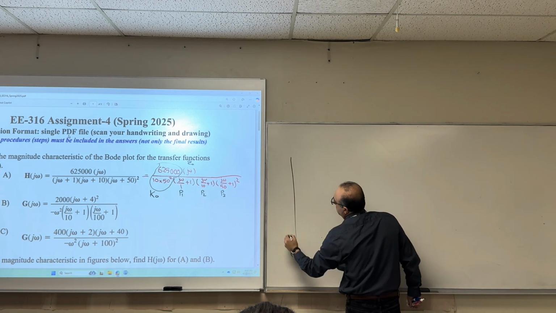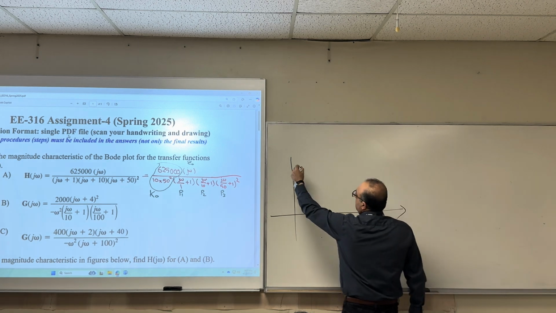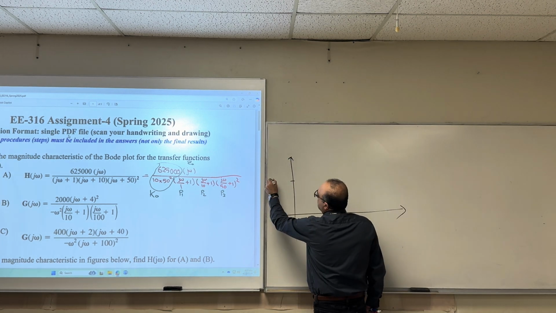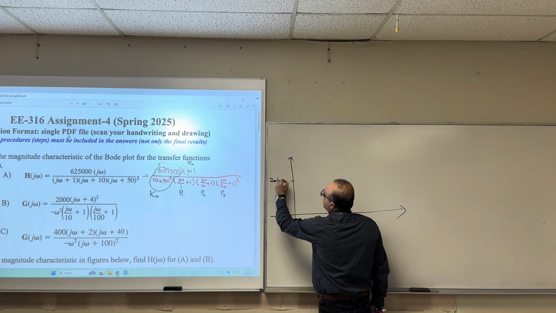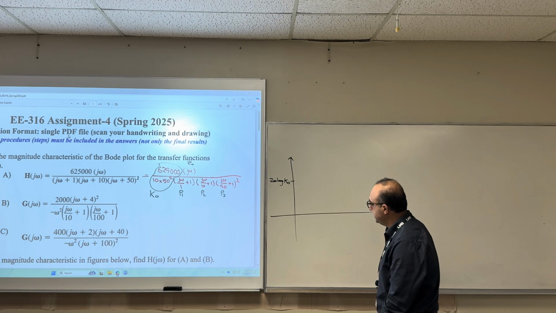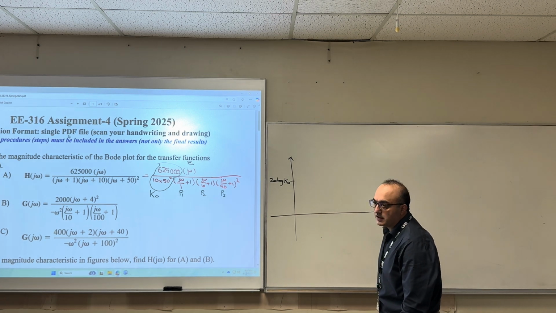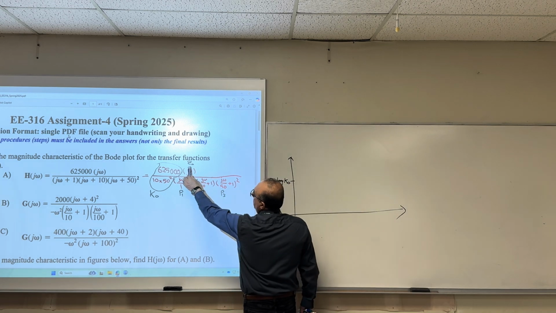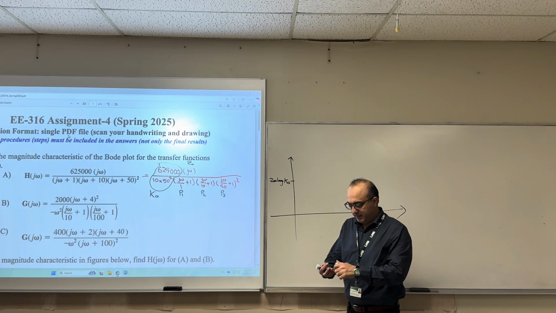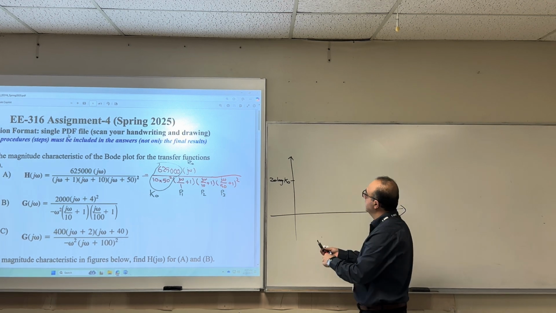Let's plot. We know that it's going to start from 20 log of K0. You have a calculator, you can calculate the value. I don't need to do it here. The first frequency is a zero frequency and a zero. A zero at origin makes what? Plus 20.